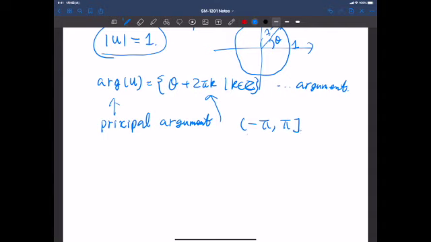So the angle in this interval is called the principal argument, and we write it with a capital A. So in this case, this is theta. Okay.